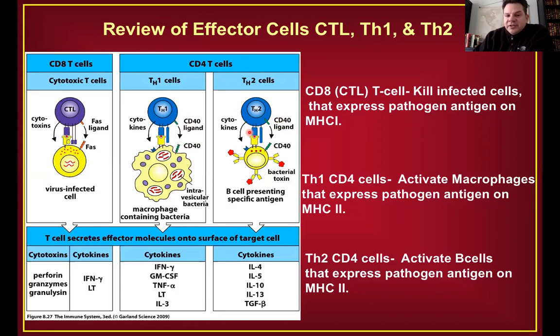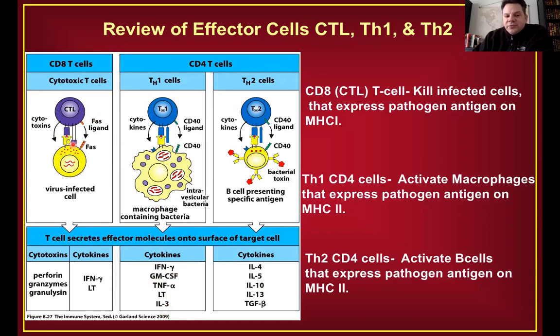And then the third signal is these cytokine signals that either activate the B cell or activate the macrophage. The cytokines that are activating here are shown below. To drive a B cell response, you're using things like IL-4, IL-5, IL-10, IL-13. And to drive a macrophage response, you're using interferon gamma, TNF alpha, IL-3.